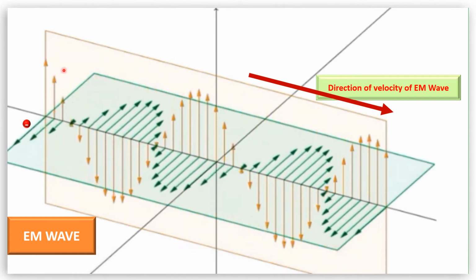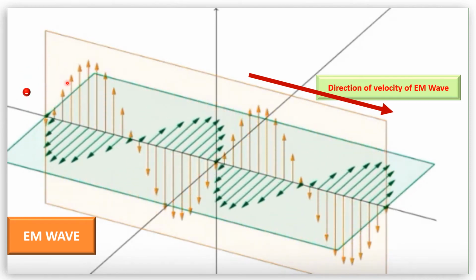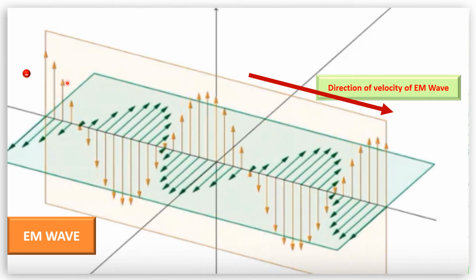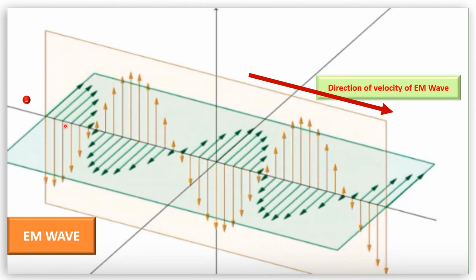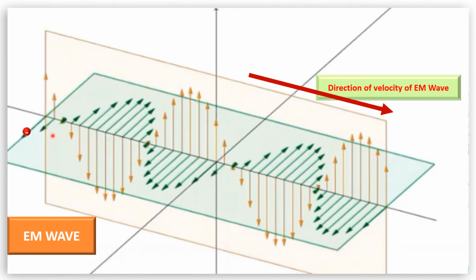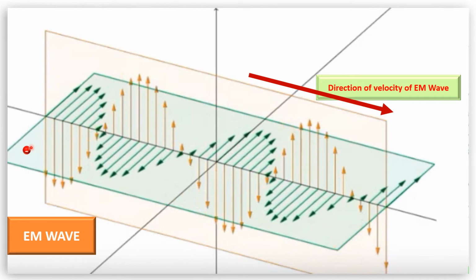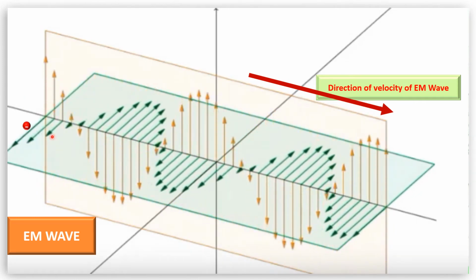The yellow colored arrows show the changing electric field, and this changing electric field in turn creates the changing magnetic field. This one is the magnetic field. Green colored arrows show the changing magnetic field.